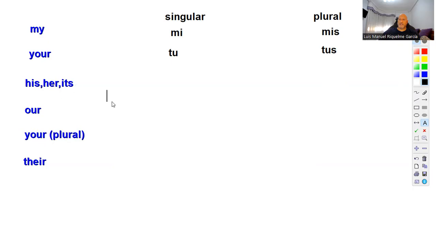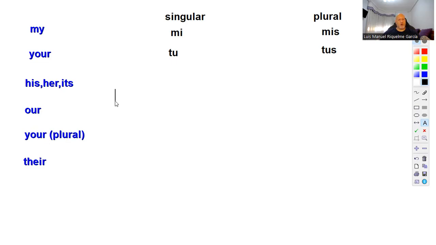His, her, its. This is going to sound strange, but we have only one word for it. We don't differentiate between a man or a woman or an object. For us, the possessive for a third person singular is always the same. So simply by using the possessive, you won't have any information about the gender of the owner.